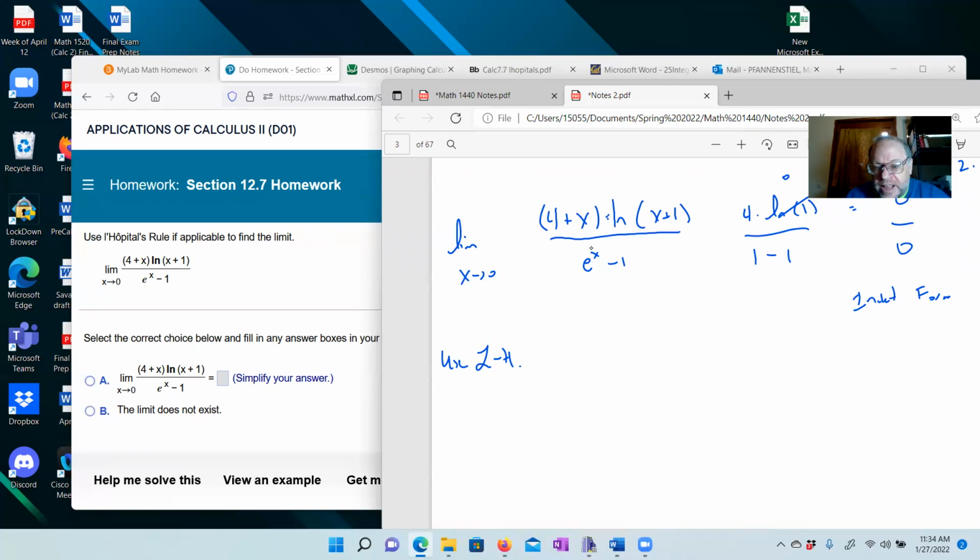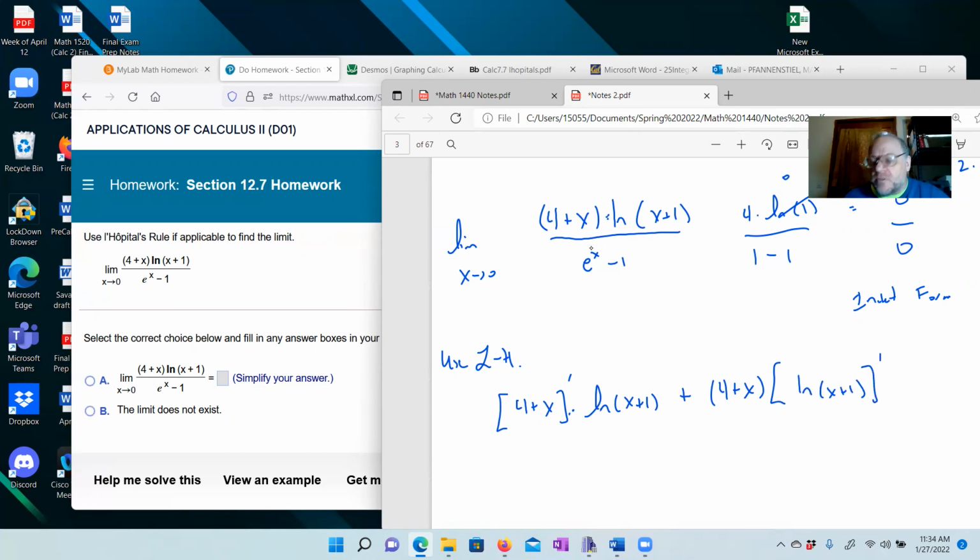So let me go ahead and draw this all the way out. We have the derivative of 4 plus x times ln(x plus 1), plus 4 plus x times the derivative of natural log of x plus 1.